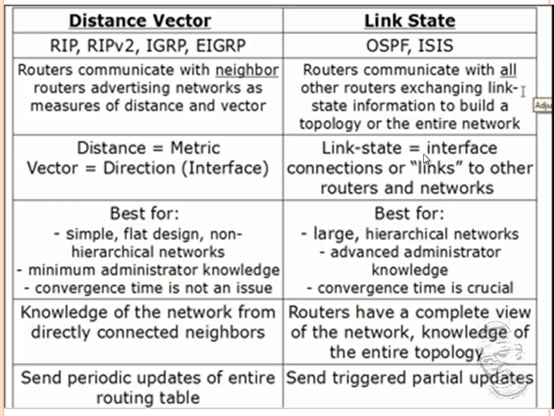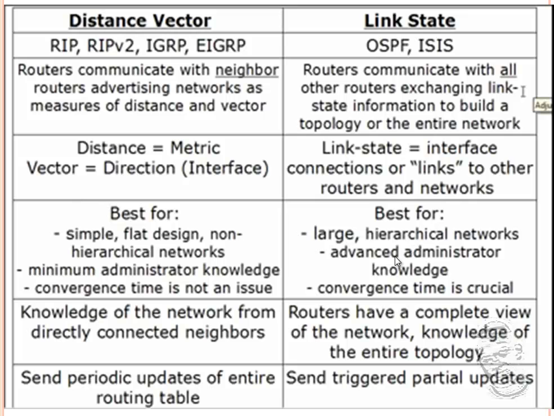Whereas link state protocols use the connections in terms of the links, and we know that a link can either be up or down. Link state protocols require, as you can see here, advanced knowledge, and convergence time is crucial.